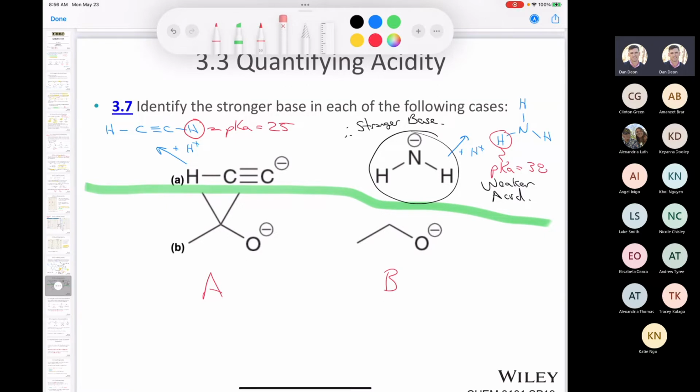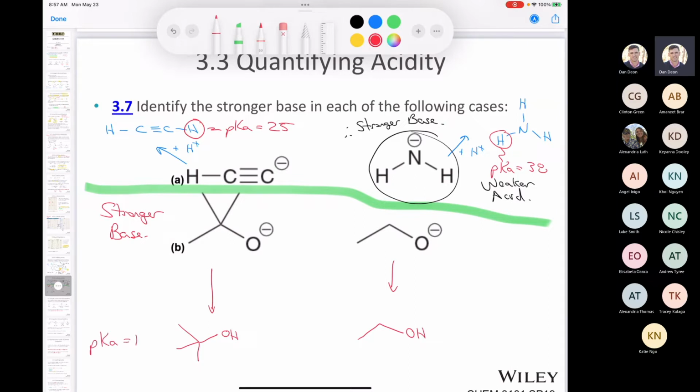Let's delete this. This is the stronger base. How do we know that? If we add H plus to this guy, we end up with this molecule. And if we add H plus to this, we end up with this molecule. If we compare the relative pKa's, we saw that the pKa of this molecule was 18, and the pKa of this molecule was 16.